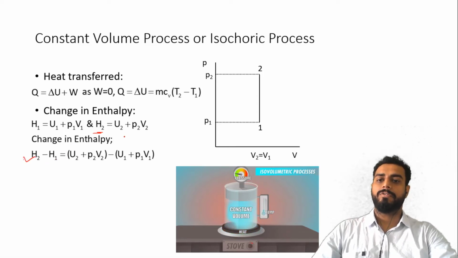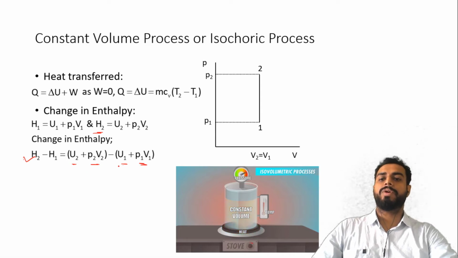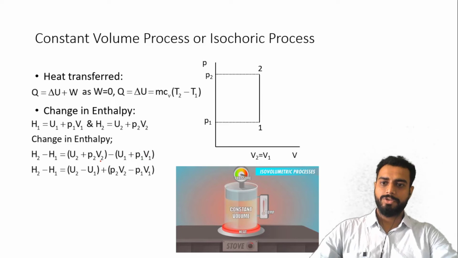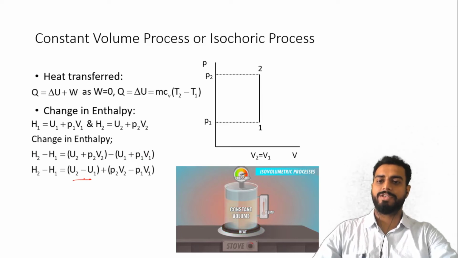So substitute the value of H2 over here, so you can write U2 plus P2 V2 minus H1, which is U1 plus P1 V1. You can take the U2, U1 terms in the same bracket, and you can take the P2 V2 and P1 V1 terms in the same bracket. Okay, so let's do that. So we can do it like this: U2 minus U1 plus P2 V2 minus P1 V1.